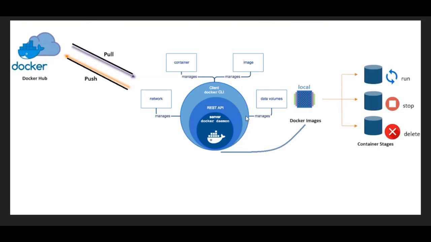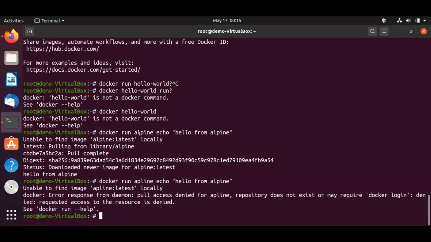By using that image, it created a container, entered that container, and ran our command, which is echo hello from Alpine. Then post execution, the Docker daemon streamed the output.